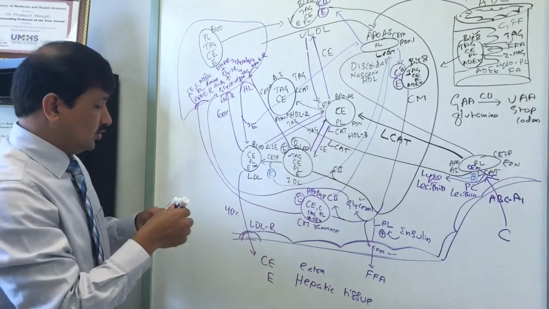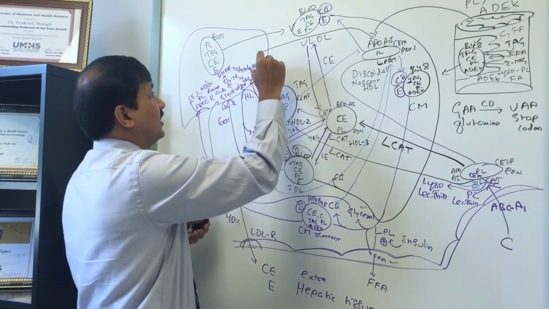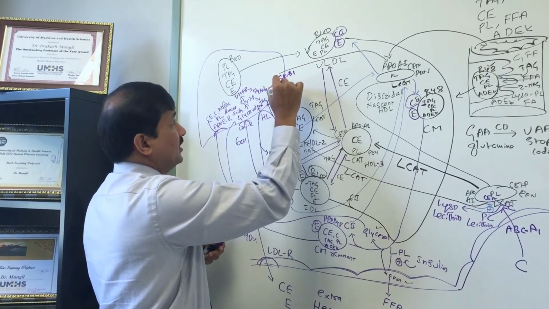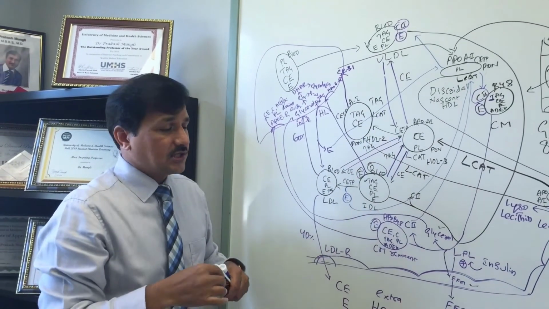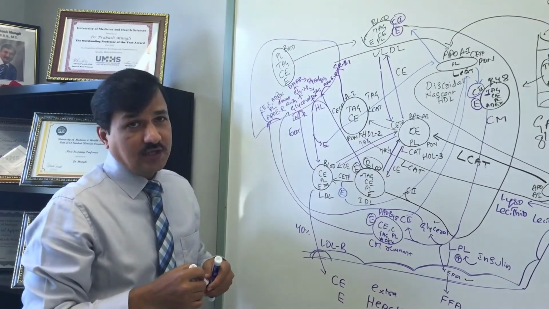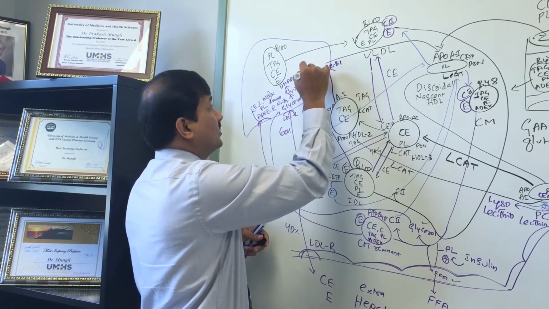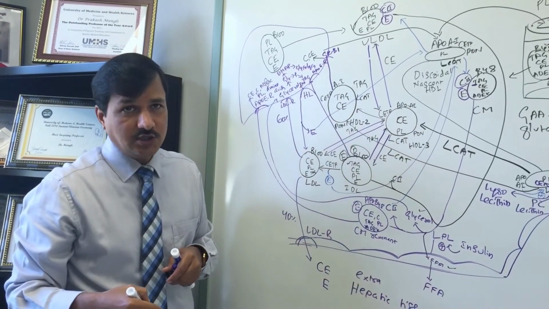So HDL2 has two fates. One is HDL2 can go to the liver and interact with the SRB1 receptor. And what does this SRB1 receptor do? The SRB1 receptor, which is present over the hepatocyte membrane, is going to take away cholesterol and cholesterol ester from the HDL2 molecule.